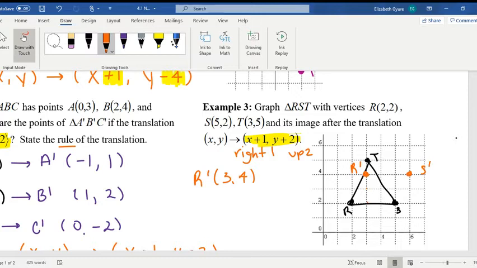That should become (6, 4). And T prime, you're going to go right 1, up 2 again. And that's going to become (4, 7). Okay. And make sure you put your little primes on your picture.